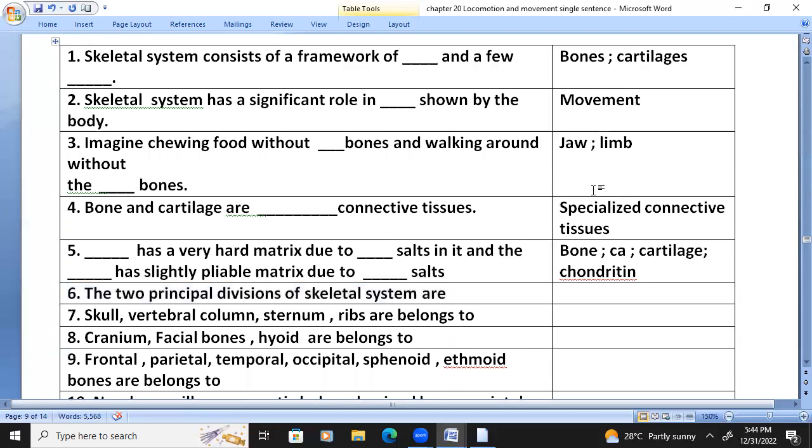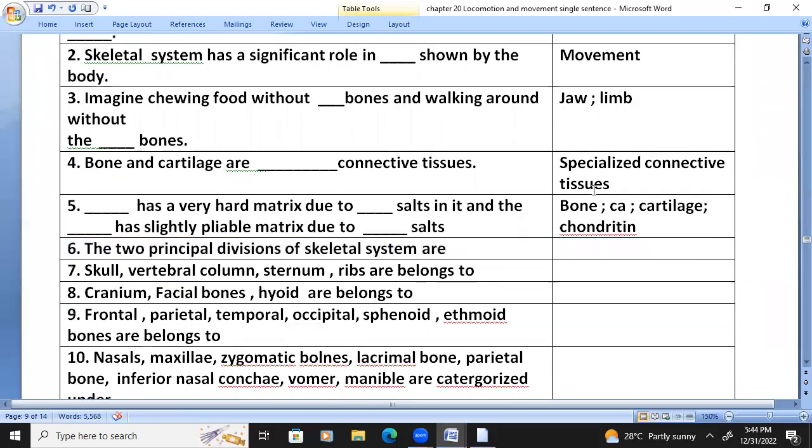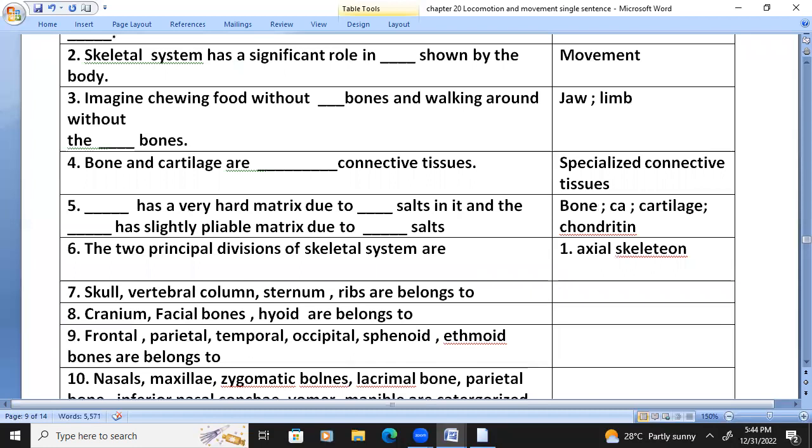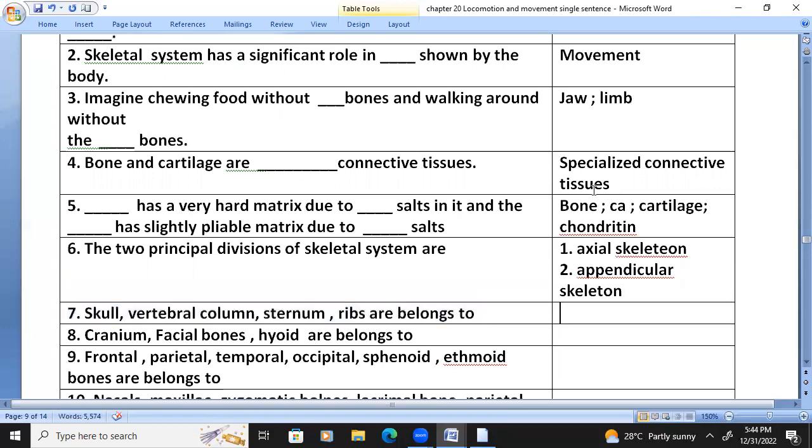The two principal divisions of the skeletal system: we classify it into axial skeleton and appendicular skeleton. Skull, vertebral column, sternum, ribs belong to axial skeleton. Cranium, facial bones, hyoid belong to skull.